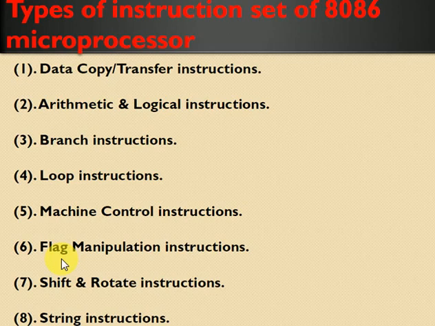The examples of instructions are SHR, shift right, SHL, shift left, SLC, shift left with carry, SRC, shift right with carry. Same in rotation: ROR, rotate right, ROL, rotate left, RLC, rotate left with carry, RRC, rotate right with carry.